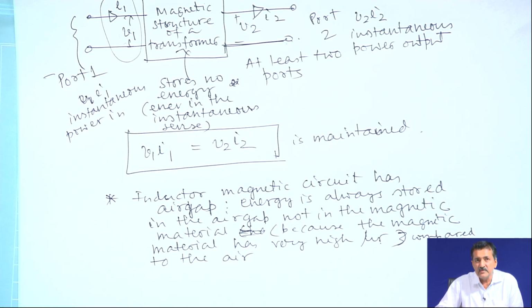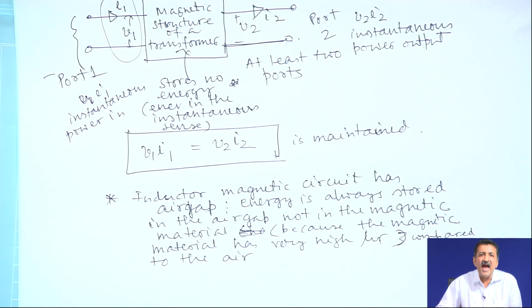So, there has to be an air gap in the inductor magnetic circuit, and the energy is stored there. Obviously, therefore, the difference is that in a transformer magnetic circuit there should be no air gap.